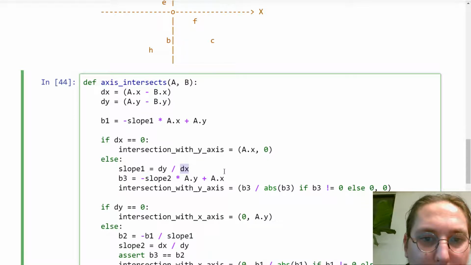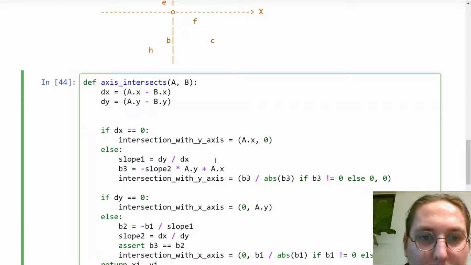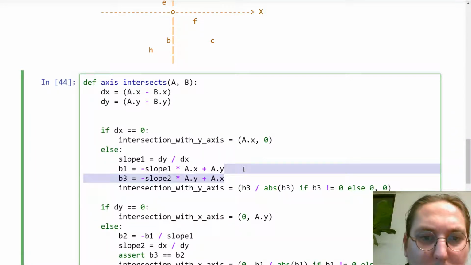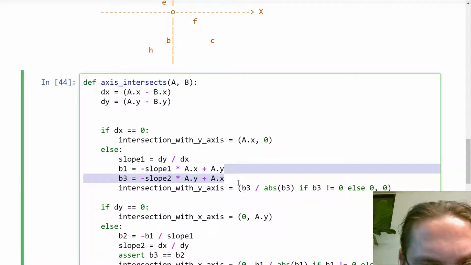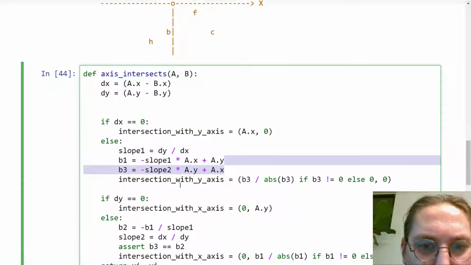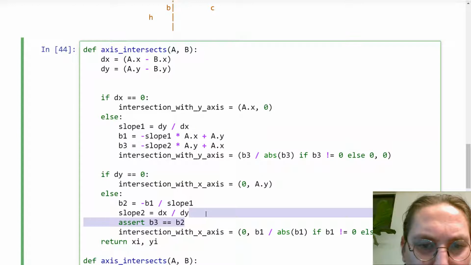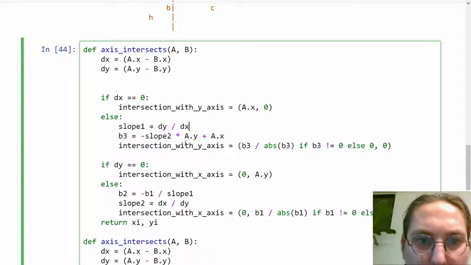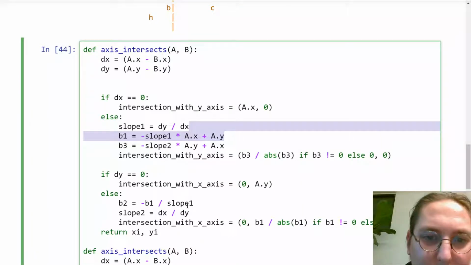This is why I think that, so this is just for the assertion, right? Yeah. So I think, okay, the slopes also have to be switched.